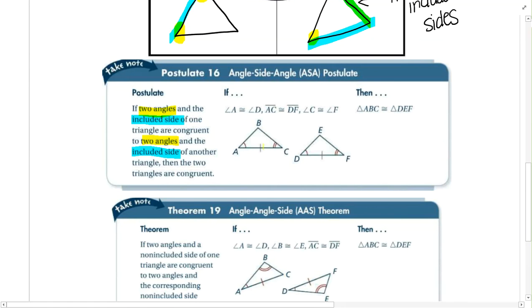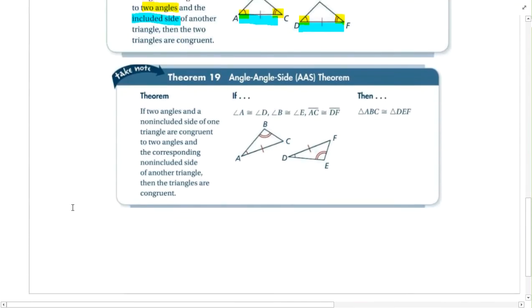Our two angles, A and C, are congruent to D and F, and the side that's congruent is connecting them. So AC and DF. That is an included pair of sides that are congruent, and that's important for it to be angle, side, angle. If that is true, then the triangles are congruent by angle, side, angle.